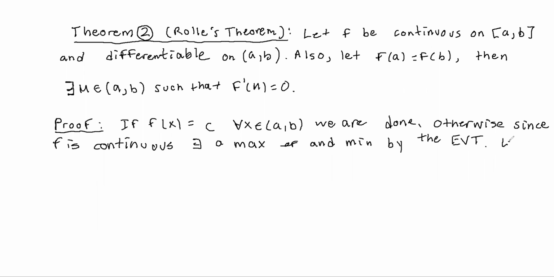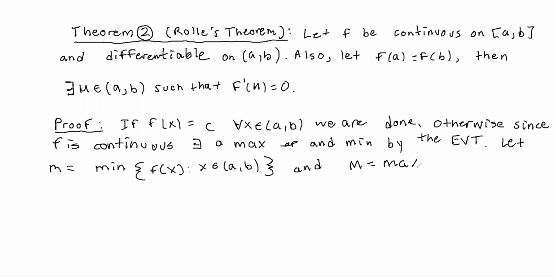So I'm going to say let m, little m, be the min of f of x such that x is in [a, b], and let capital M equal the max of f of x such that x is in [a, b].